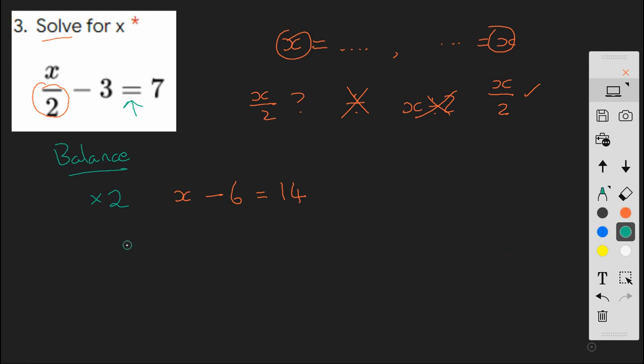Again, retaining balance. The only thing that's stopping our x from being on its own is this minus 6. Our inverse operations tell us that the inverse of subtracting 6 is adding 6, so that's what I'm going to do to both sides. When I do it to the left-hand side, take away 6 plus 6 is nothing, so x is now on its own, and 14 plus 6 is 20.